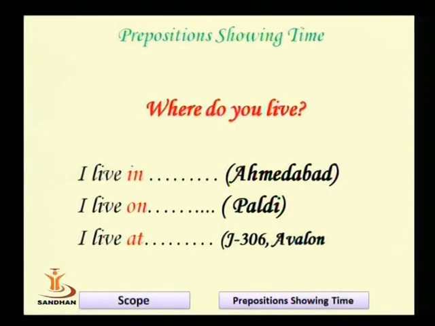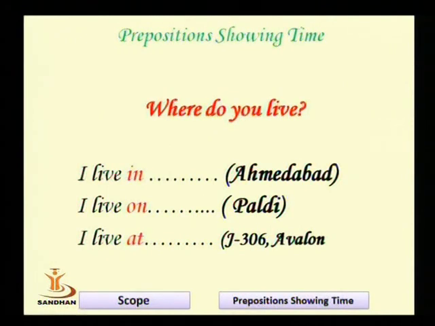Here I have used the name of a city. But if I want to say that I live in Gujarat, it is also correct. In the same way, I live in India. So "in" can be used before the name of a city, state, and country.